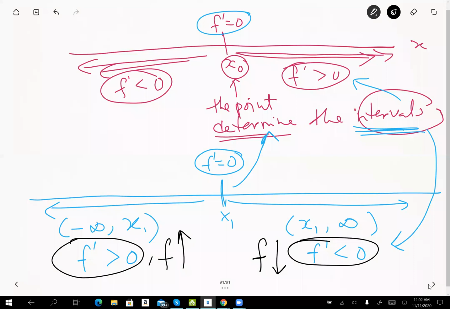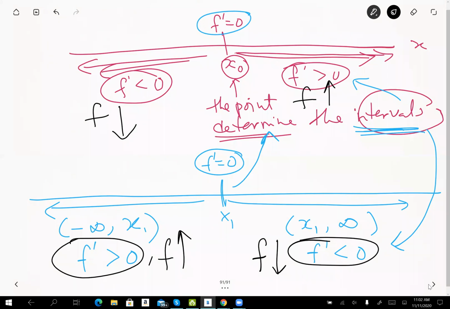Okay? So you look at the other example: f prime is negative, that means the function is decreasing. F prime is positive, the function is increasing. So from here, you can see how the curve behaves, which is consistent with the picture that we have.